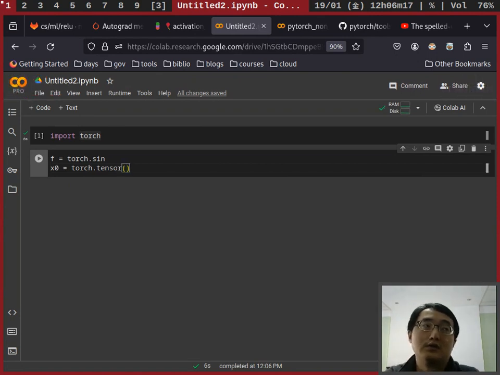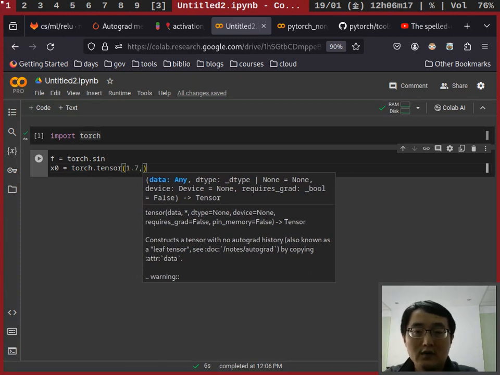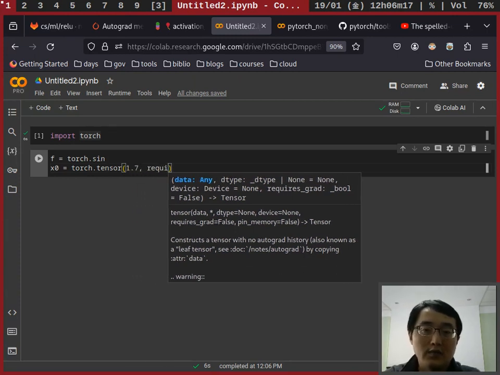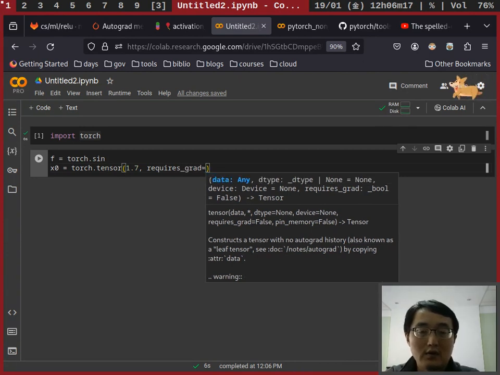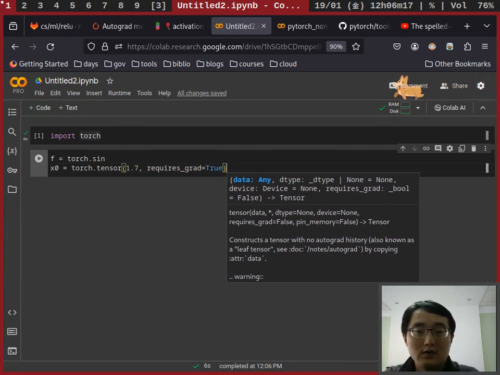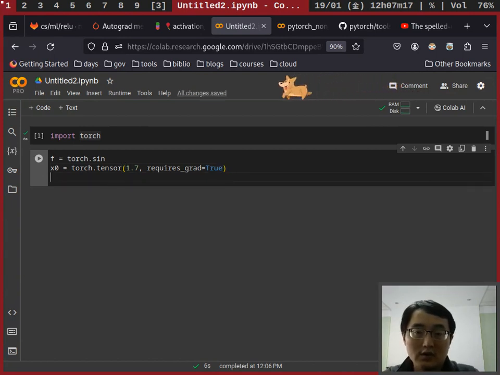Say, I don't know, 1.7. And in PyTorch we have to use this requires_grad so that we can track the variable x0 when we do backpropagation, or when we calculate the gradient.